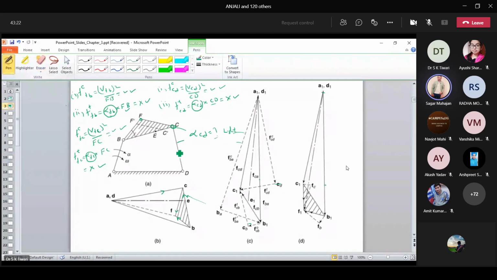The value of C1 and CD point. In the diagram, that is C1 and CD point.